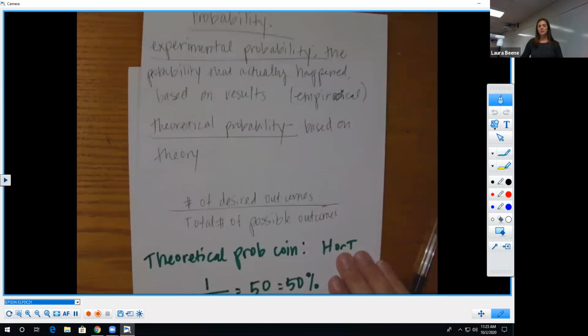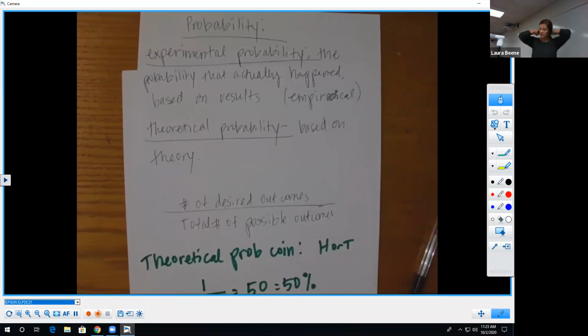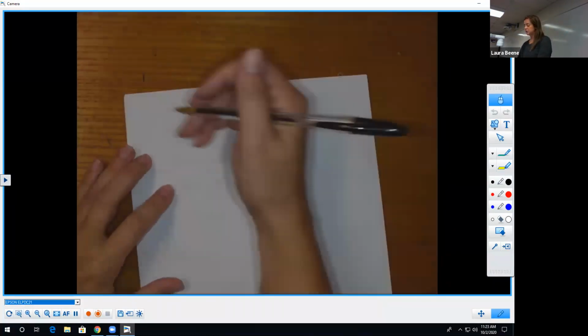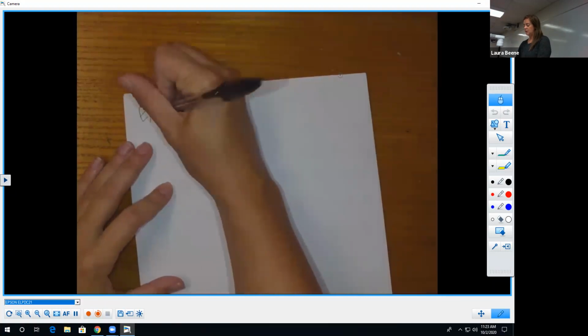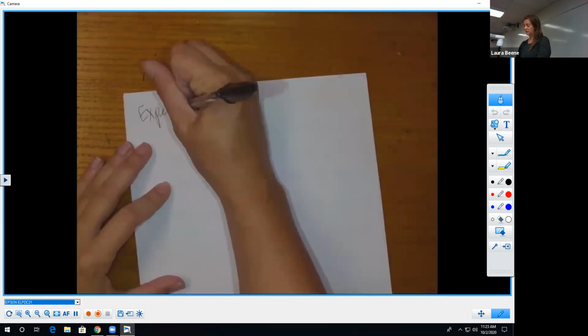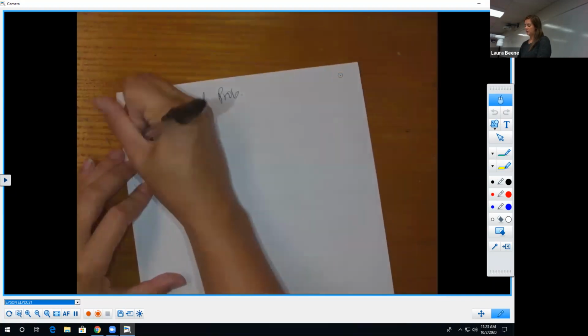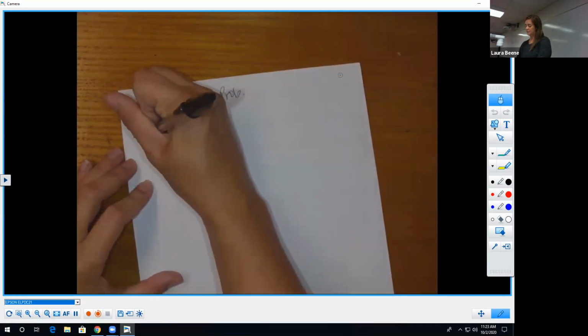The experimental probability of a coin toss is not usually going to be 50%. If we were in class, I would give all of you like 5 to 10 coins, and we'd do lots of coin tosses. I have some that I can do right here, so let's do a few experiments. Let's start off with 5 coins.